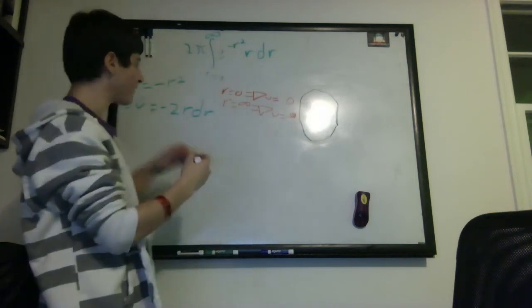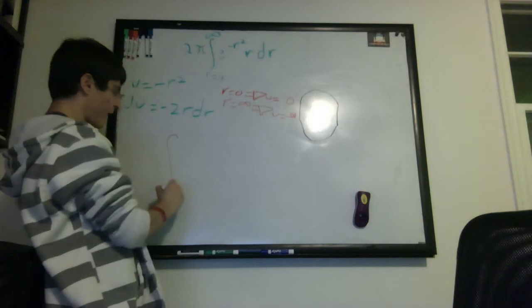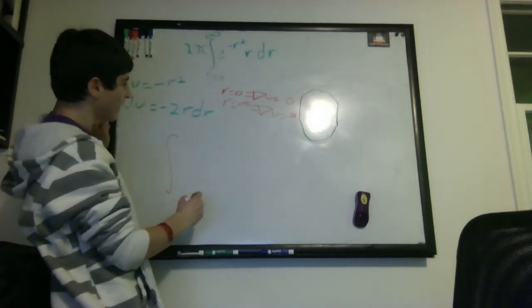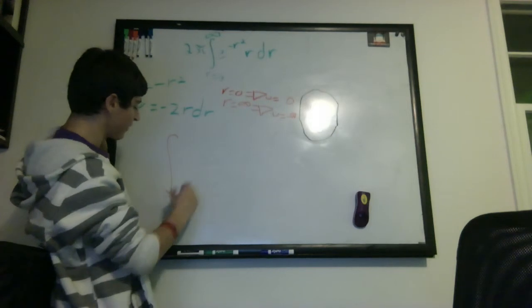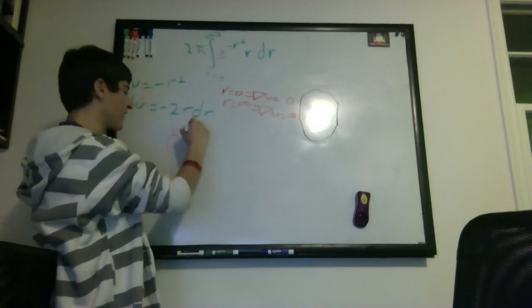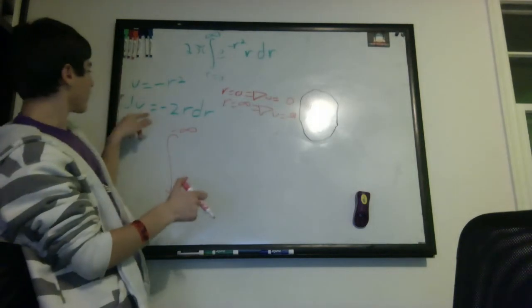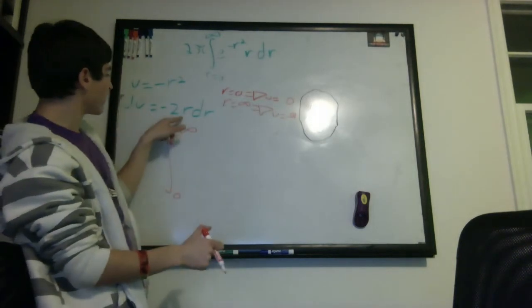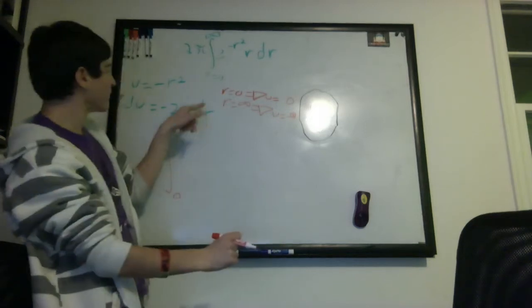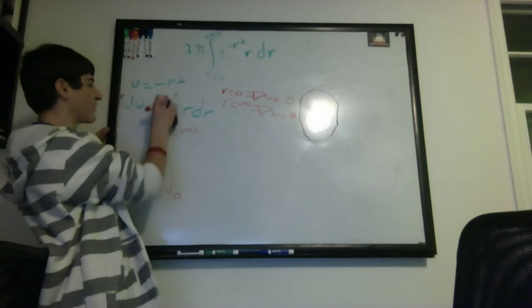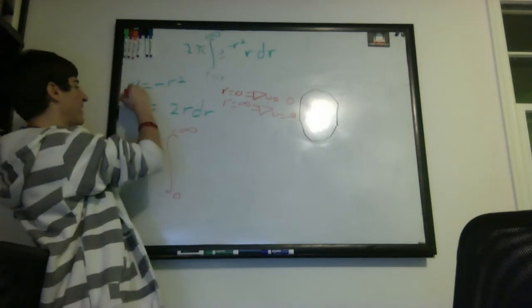So now our integral, instead of being from 0 to infinity, is going to be from 0 to negative infinity. That's kind of weird, but you'll see it'll work out later, because du is minus 2r dr, but we don't have a minus 2r dr, we just have a 2r dr. So we're going to put the minus sign on this side.